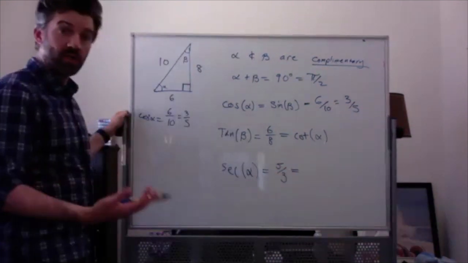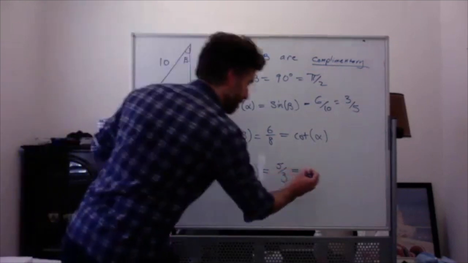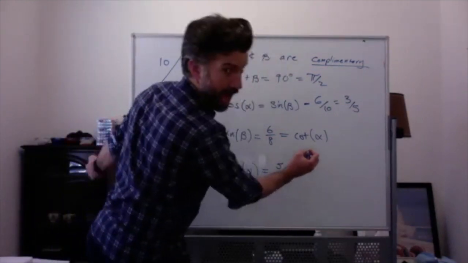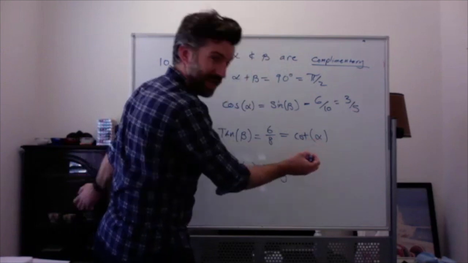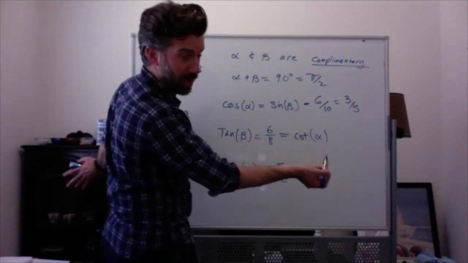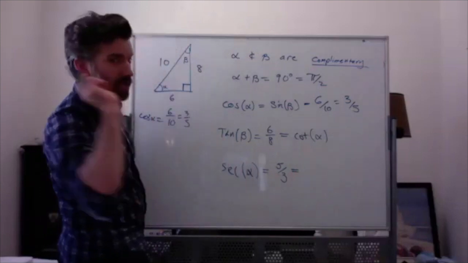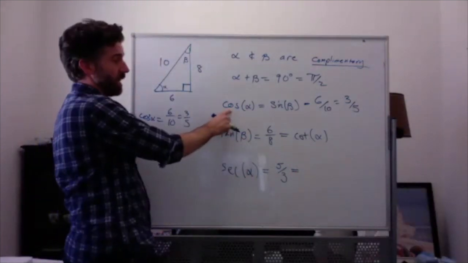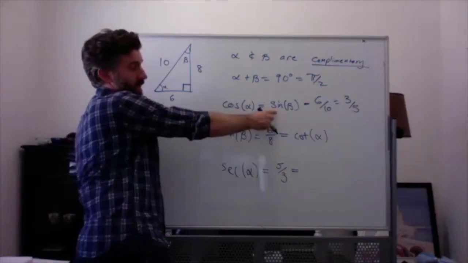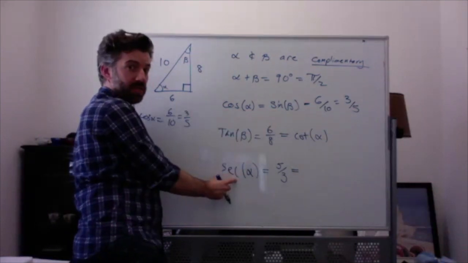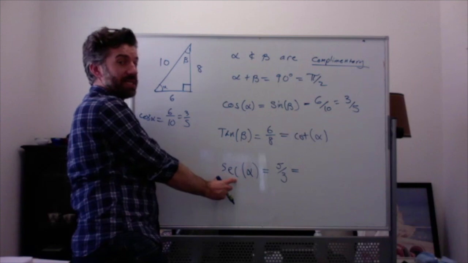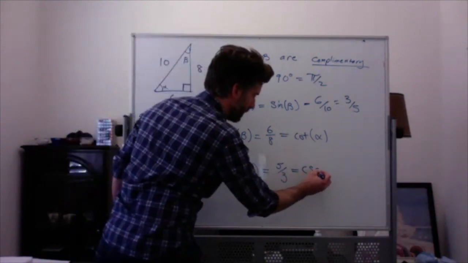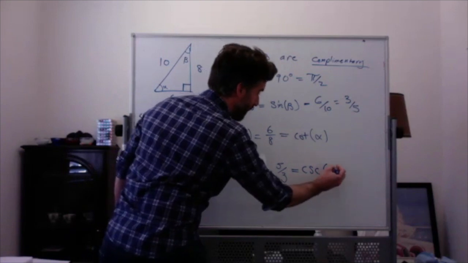What's the cofunction of secant? Not cosine. Cosine is the cofunction of sine. The cofunction of secant also has the name secant in it. Cosecant, exactly. Cosecant of beta.